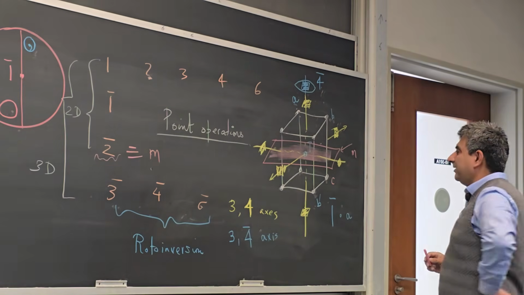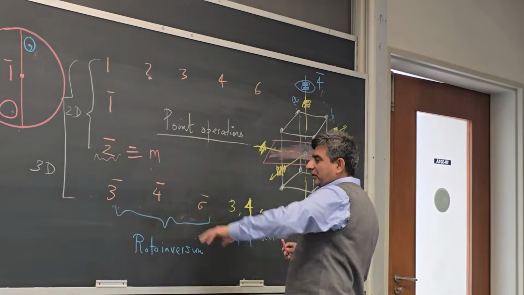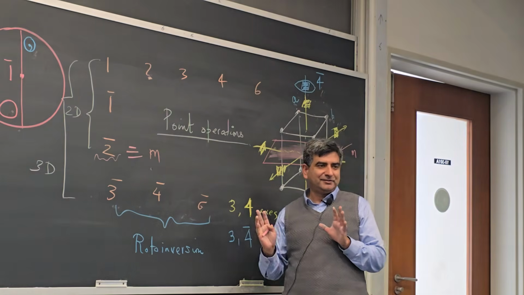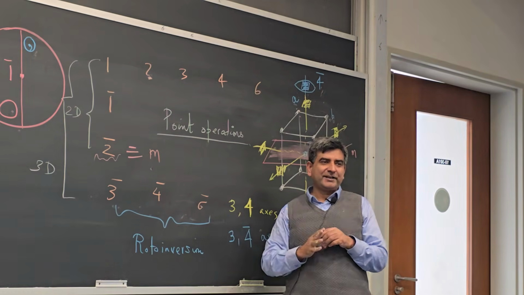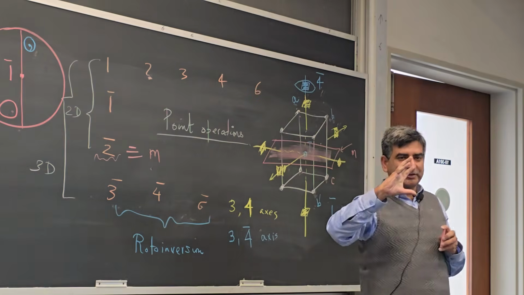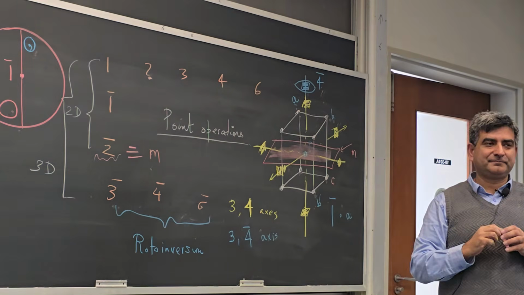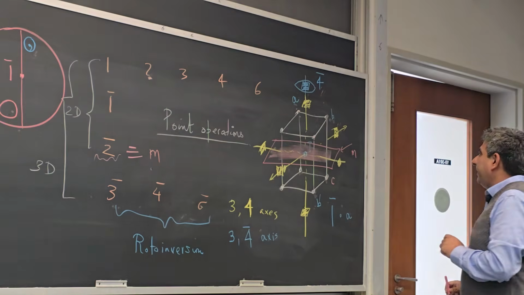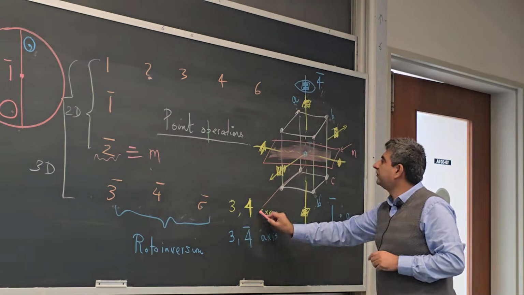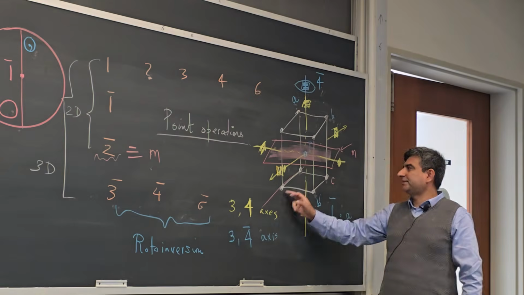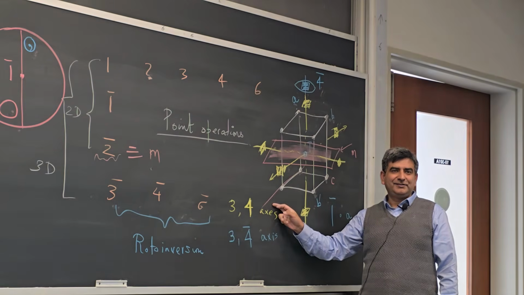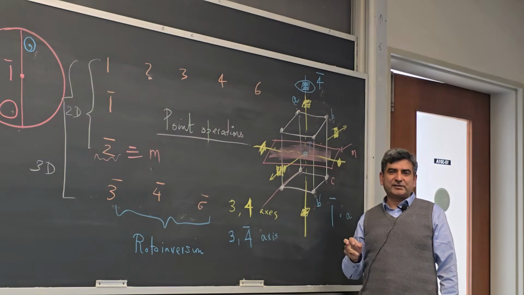We can also have 6-bar operations, 4-bar operations. Take a hexagon and you will notice that it has a 3-fold axis rotation, it also has a 6-fold axis rotation, as well as 3-bar, 6-bar. If I were to take the edge of this cube, is the edge a 2-fold axis rotation?